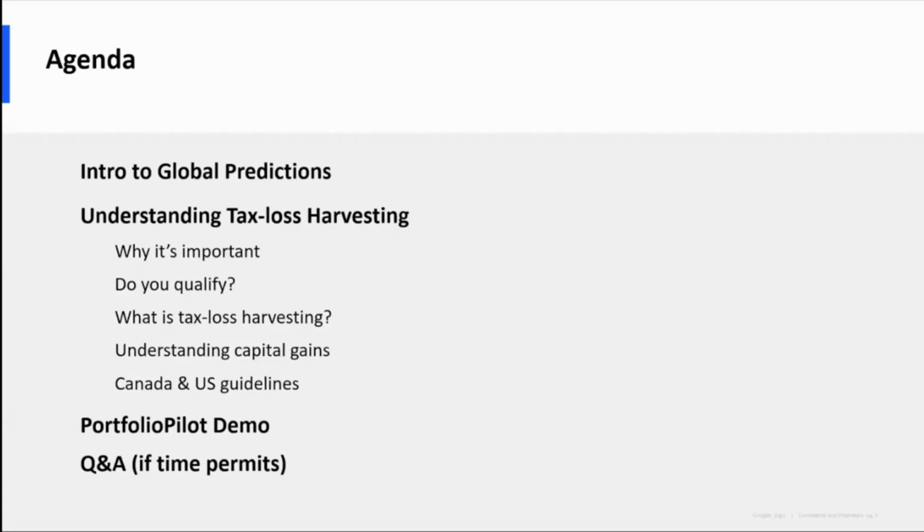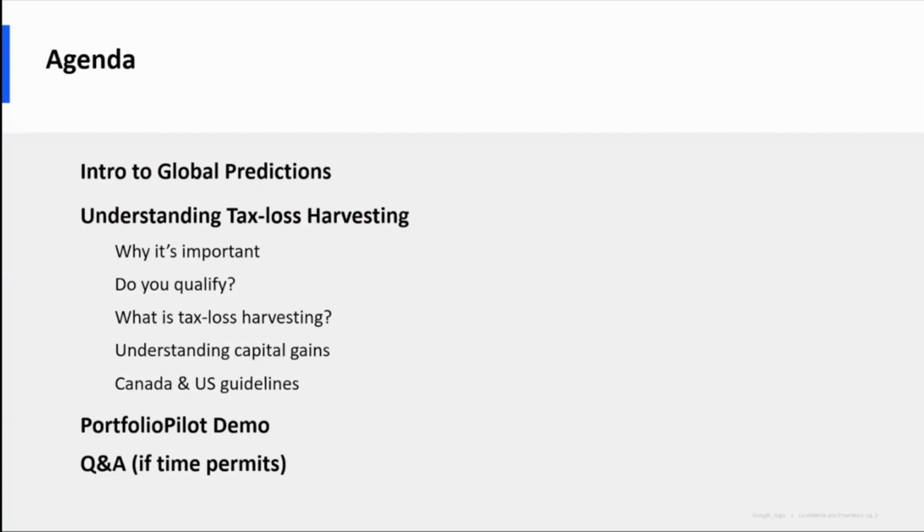So the first thing, just to give you a quick agenda, if you're not familiar with Global Predictions, we're going to give you a quick run through of who we are and what we do. The next thing, and this is really the big chunk of this session, is trying to explain tax loss harvesting to everyone, and why it's important for self-directed investors. One of the questions maybe all of you are asking is, do I qualify?